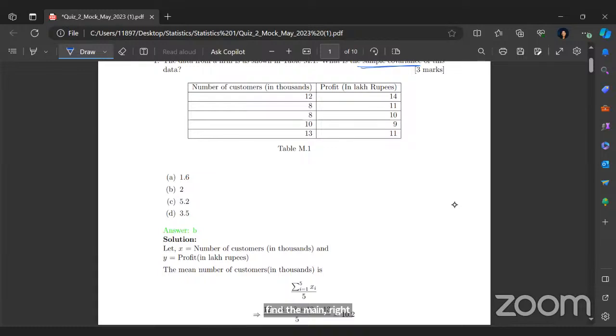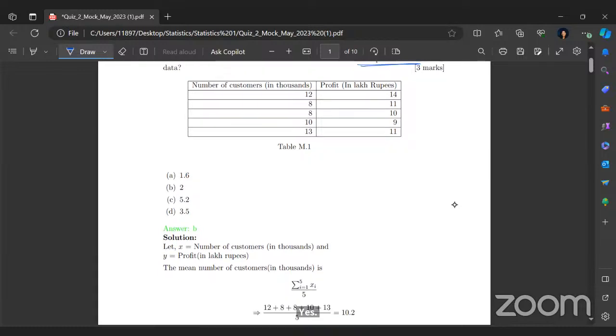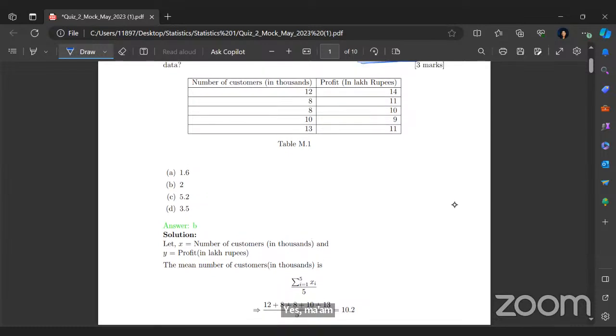Yes, ma'am. Okay, so let's find the mean. Let's say X denotes the number of customers and Y denotes the profit. What is the mean number of customers? To find the mean, you take the sum of everything and divide it by the total number of observations.